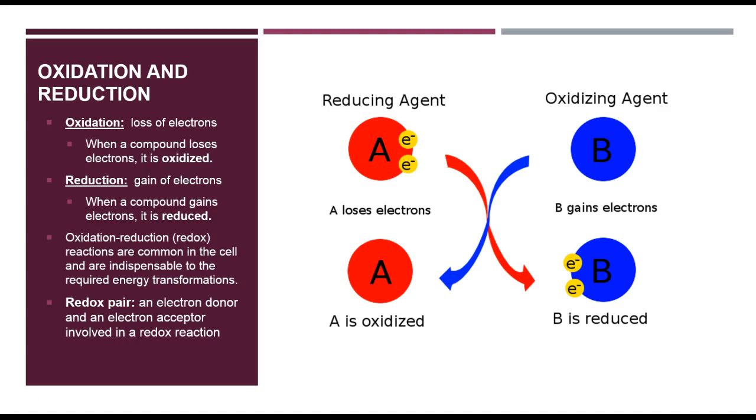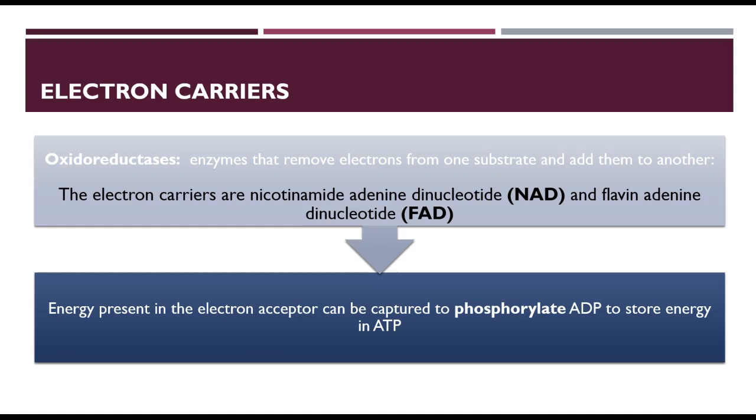A redox pair is a pair of compounds that involve a compound that donates electrons and a compound that accepts electrons. So we would say A and B are redox pairs because one donates the electrons, the other accepts those electrons.